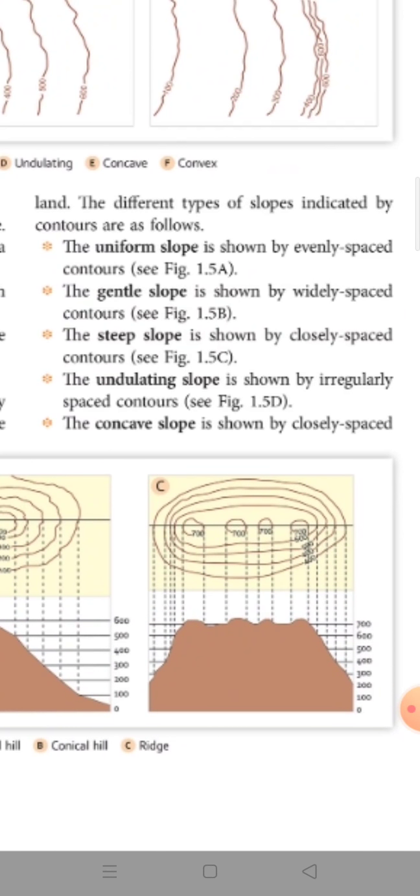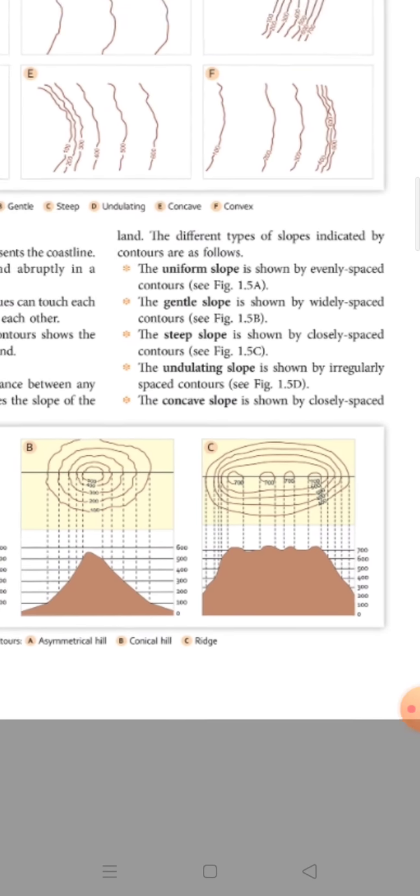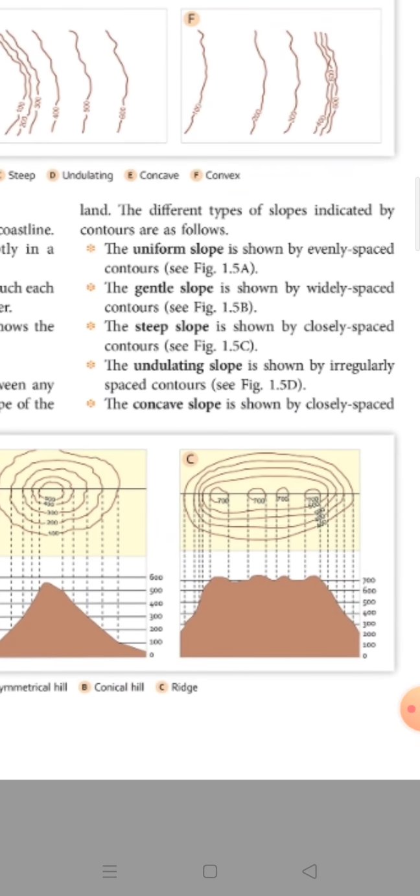The different types of slopes indicated by contours are as follows: uniform slopes, gentle slopes, steep slopes, undulating slope and concave slope. These slopes are shown in this figure.